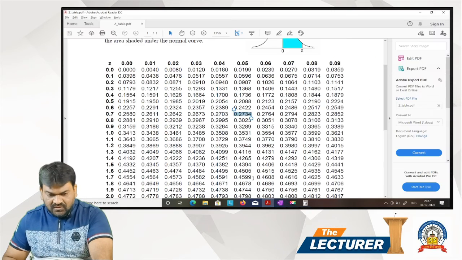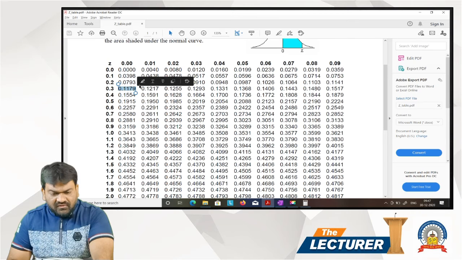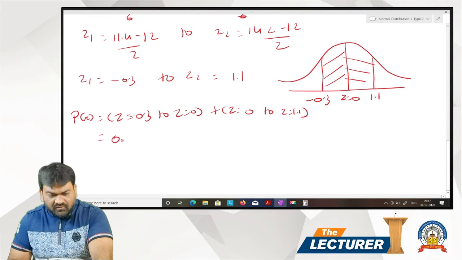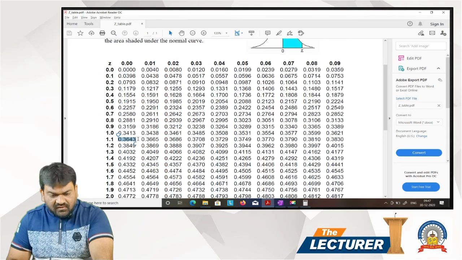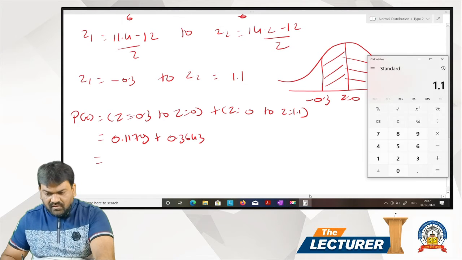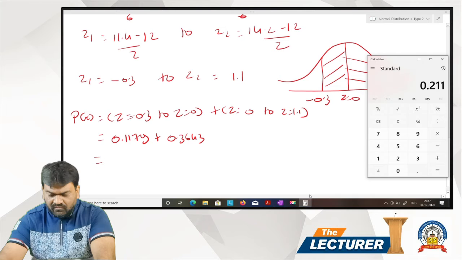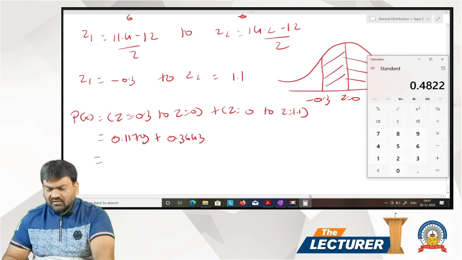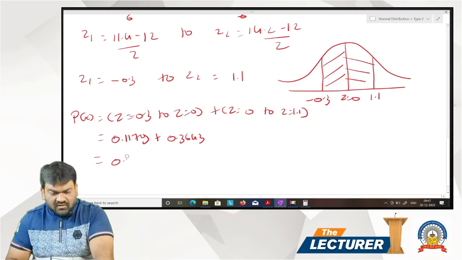0.3 is 0.1179, 1.1 is 0.3643. Total of both: 0.1179 plus 0.3643, that is 0.4822.